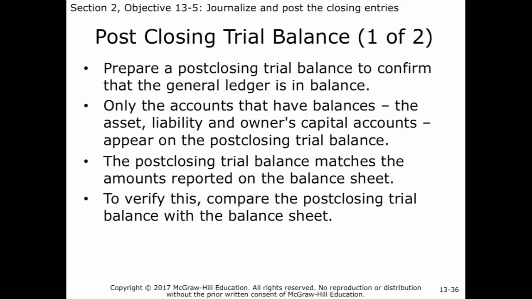So remember that the totals for the post-closing trial balance and the balance sheet will be different, since on the balance sheet certain credit account balances are subtracted from certain debit account balances. So on the post-closing trial balance, all debit and credit balances are shown either on the left side for debit or on the right side for credit of that report.